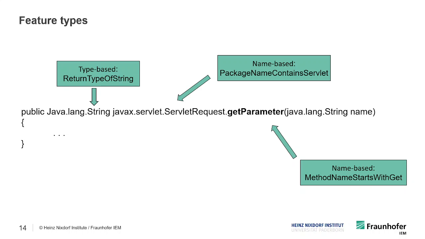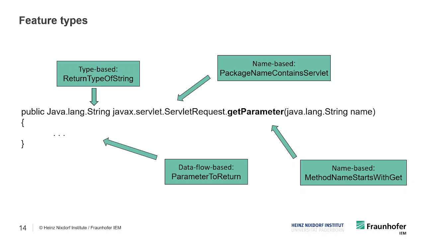Then we also have data flow based features. There we actually have an implemented small intra-procedural data flow analysis within the method, where we, for example, have a feature type that checks if there is a flow from a parameter to the return value.